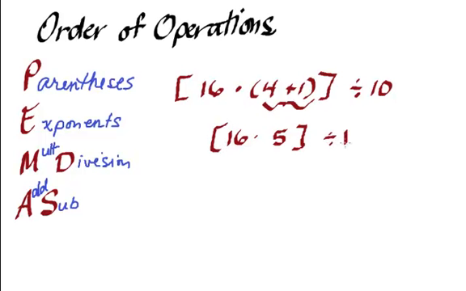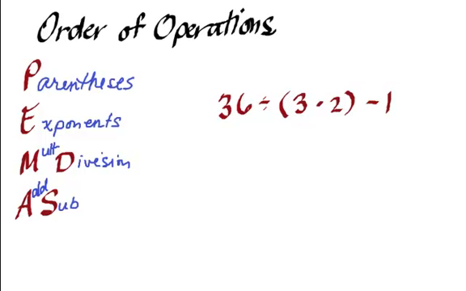We treat those brackets just like parentheses. So now we're going to take our calculator here and do 16 times 5, and we get 80. We get 80 divided by 10, and that gives us 8 for our final answer. So whenever you have parentheses inside of brackets, you work your way from the inside out. You have to do the innermost parentheses first.